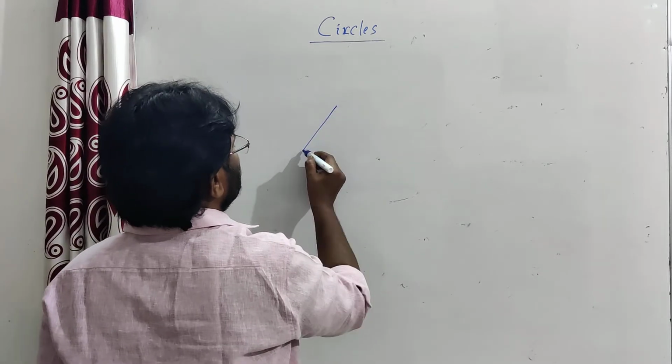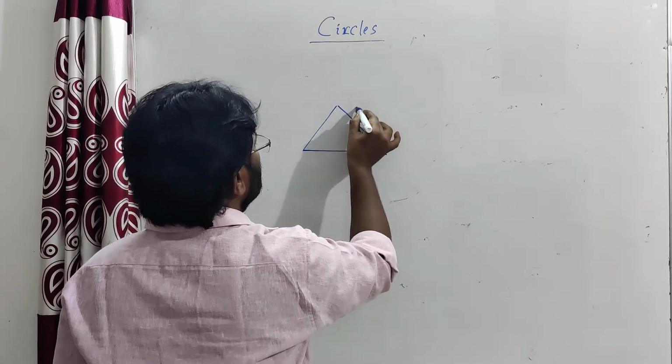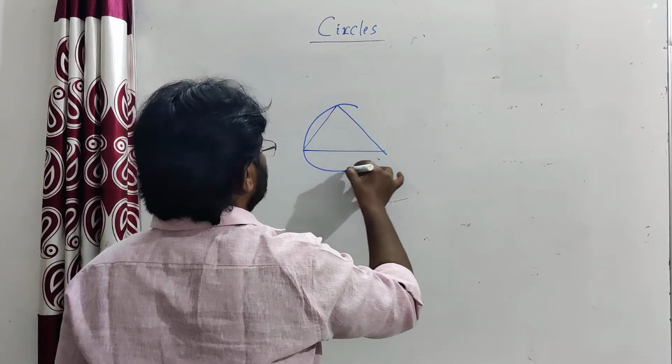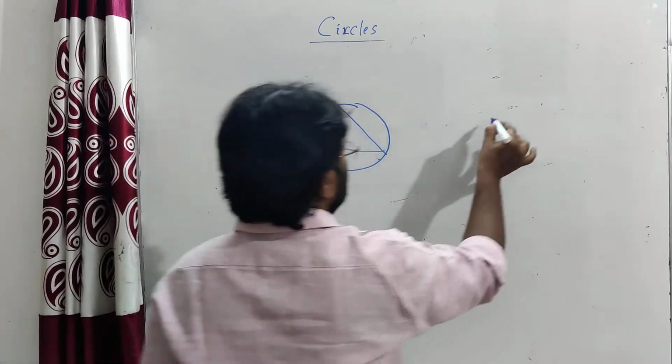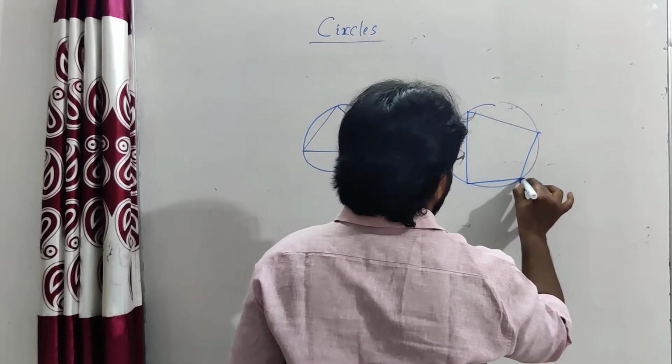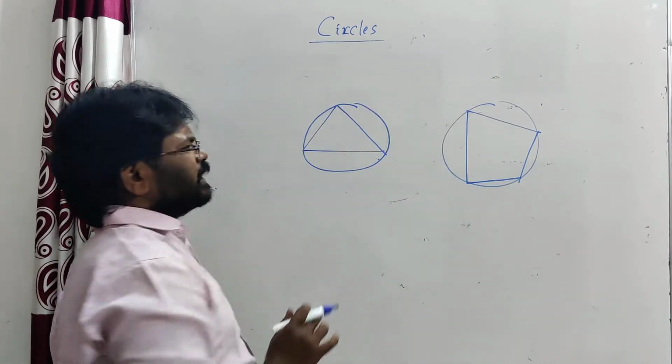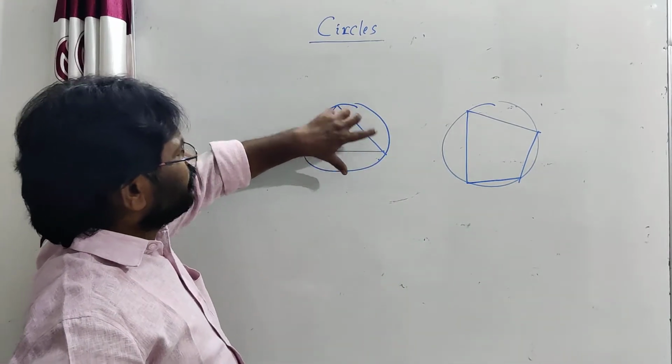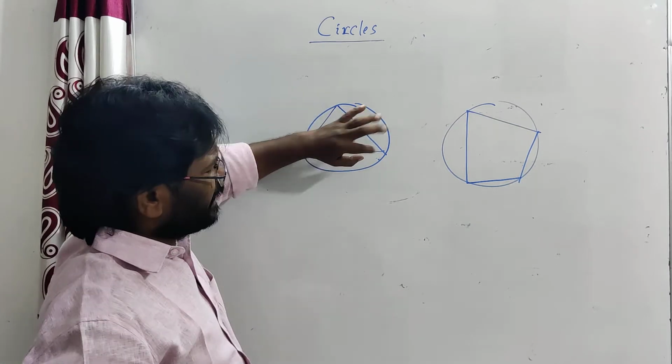See, this is a triangle. In a circle which is passing through the vertices. See these two circles. This is a circle which is passing through the vertices of a triangle.